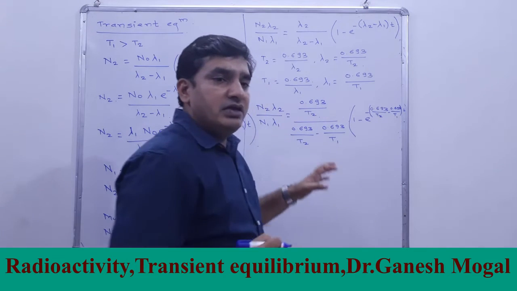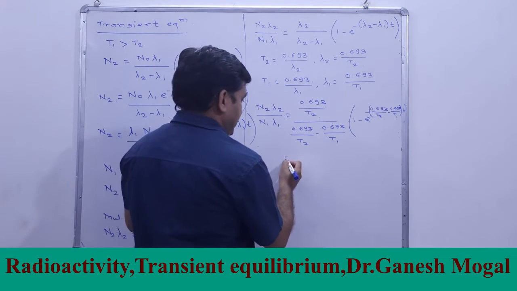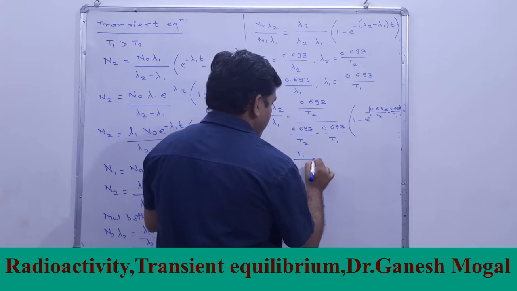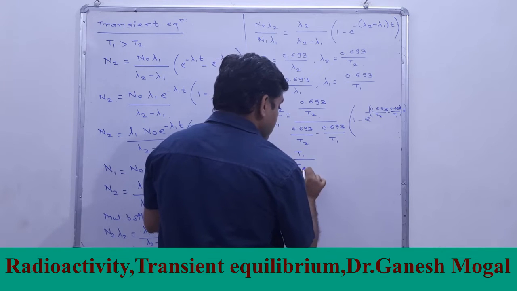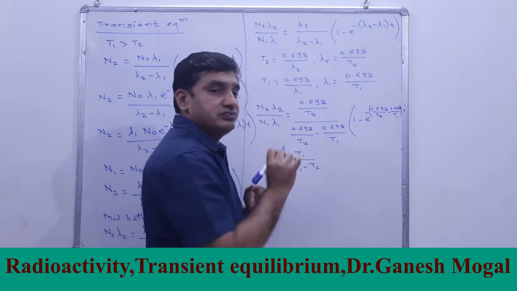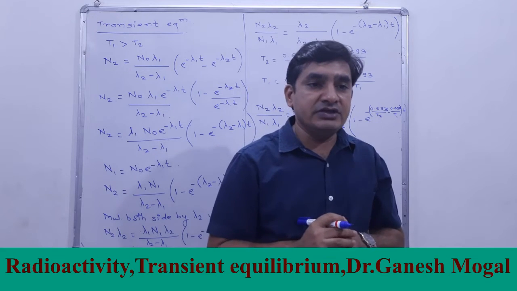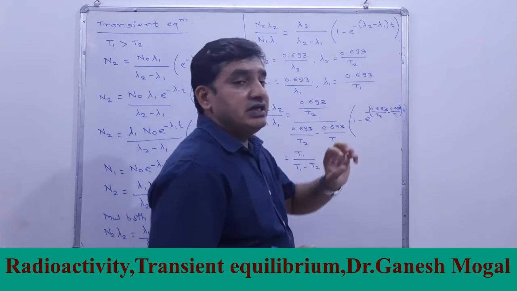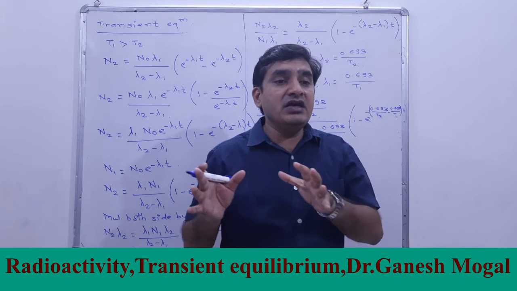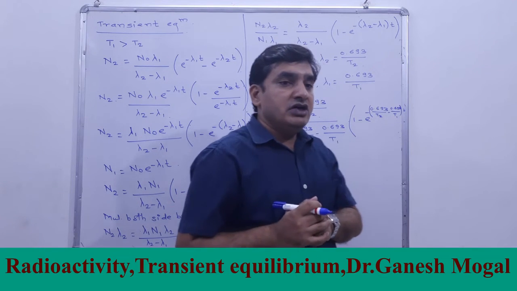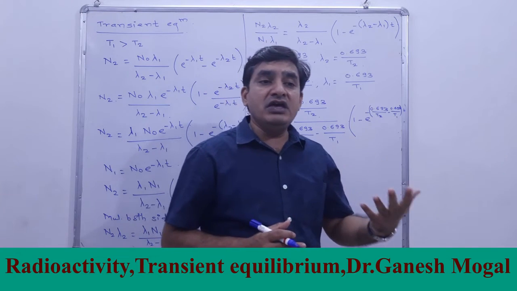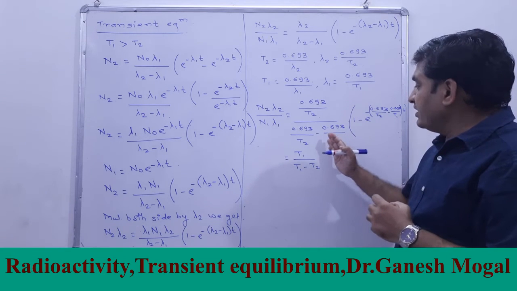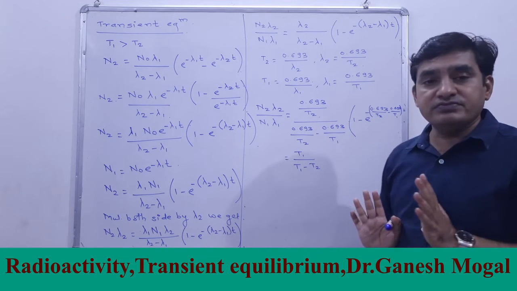Now this term becomes T1 upon T1 minus T2. Here, t is very large, and therefore we can represent only this term.